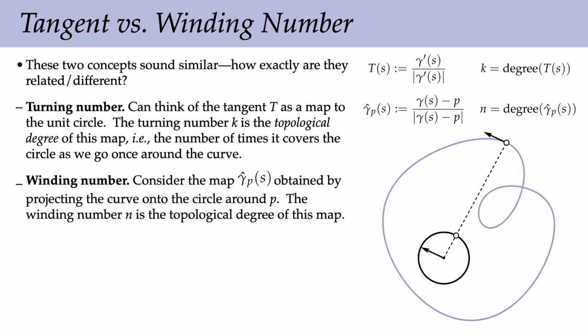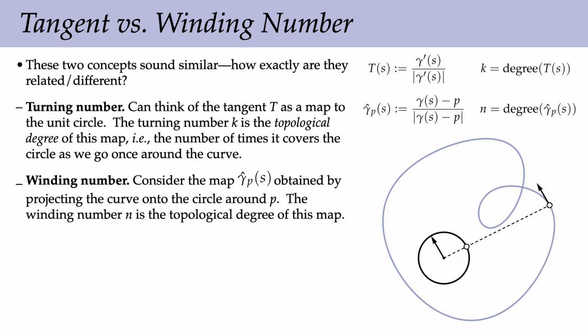And what do you notice? You might notice that as you go around the curve once, the clock hand keeps passing the white point. So the tangent is making more revolutions around the circle than the white point, the projected curve.